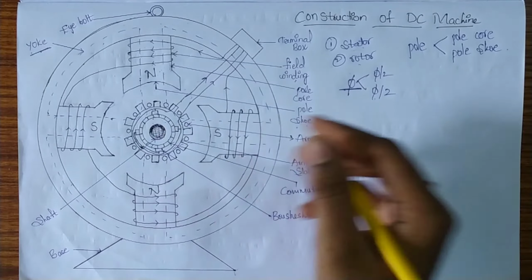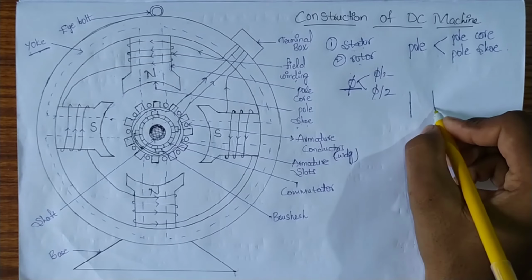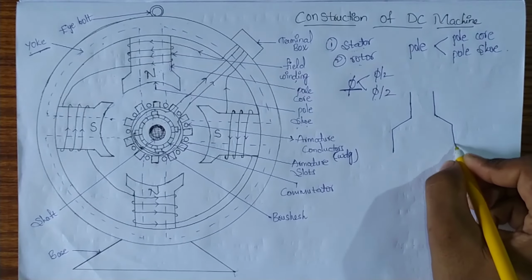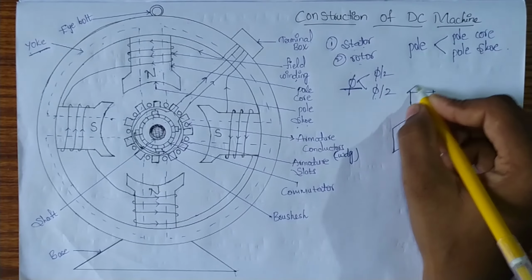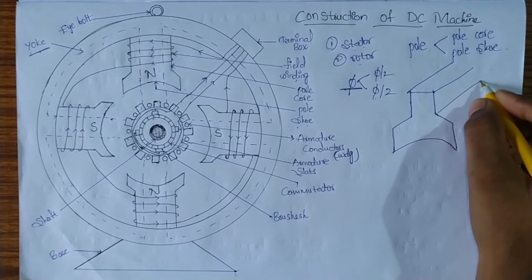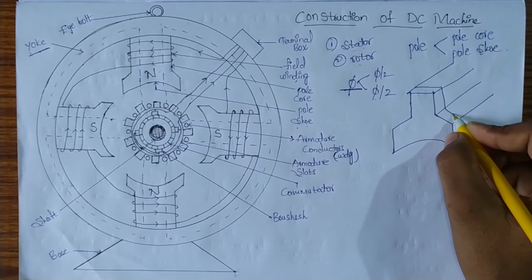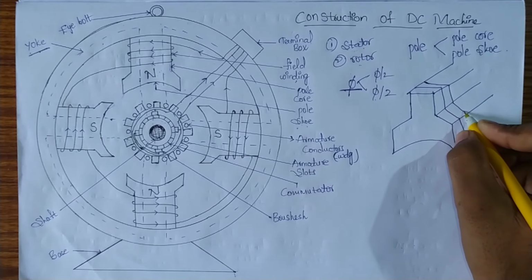For your better convenience, I am drawing a 3D figure here. You can observe that this is the pole. Like this, the laminations will be done for the machine.